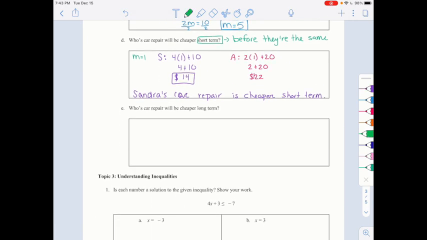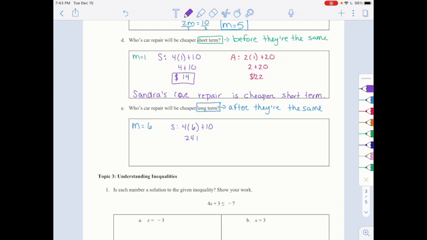Long term is pretty much the opposite. Long term is going to be after they're the same, so bigger than 5 in this case. So I'm going to do the same process, but I'm going to choose m equals 6 this time. So Sandra, again, that's going to be 4 times 6 plus 10.